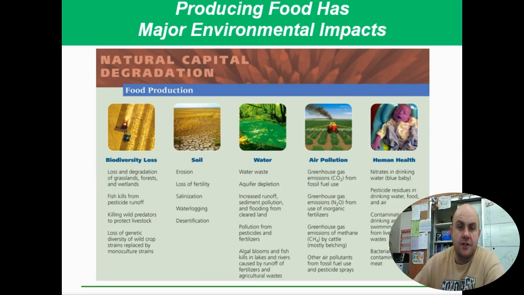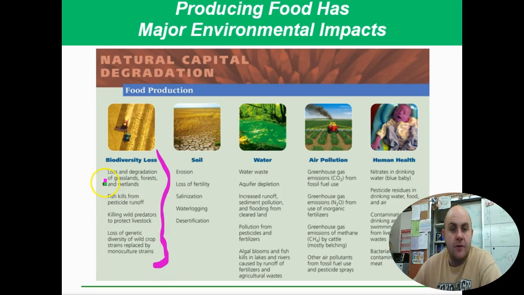And so if you look at food production, this talks about the biodiversity loss as a result of it. So you get a degradation of grasslands and forests and wetlands. You get fish kills from pesticides. You get wild predators killed off to protect your livestock. And then a loss of genetic stuff. When it comes to soil, you get erosion, loss of fertility, salinization, waterlogging, all of that stuff.